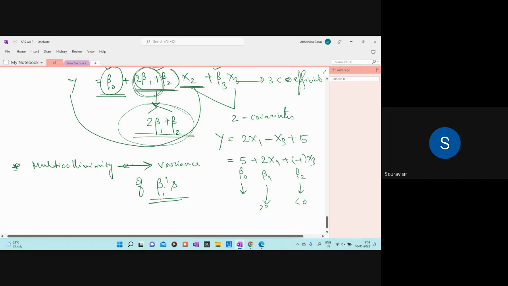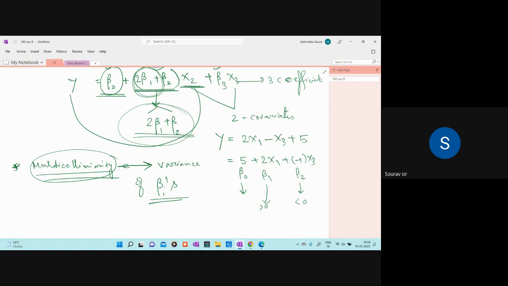The expectation of this estimate and the variance of these beta i's are also affected by multicollinearity. If multicollinearity is present in my data set, then before going for any statistical analysis, first our target is to remove multicollinearity.